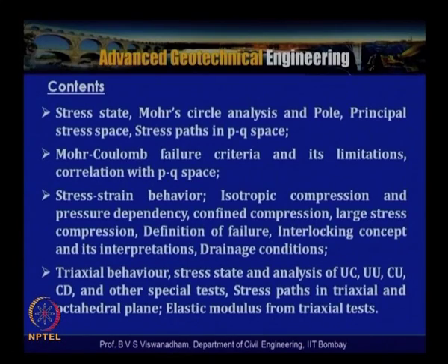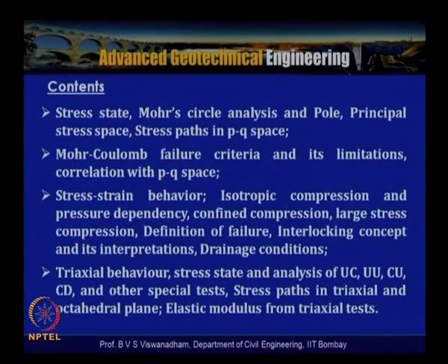And then we will discuss the Mohr-Coulomb failure criteria and its limitations and correlations with PQ space. Then it will be followed by the stress-strain behavior, isotropic compression and pressure dependency, confined compression and large stress compression, and definition of failure, interlocking concept and its interpretations and drainage conditions.